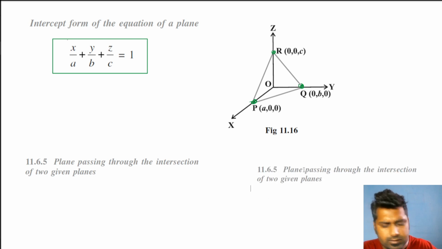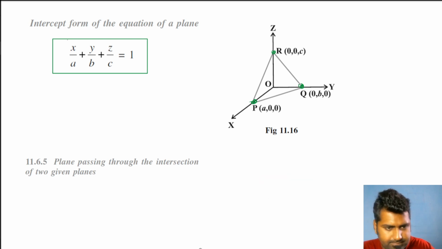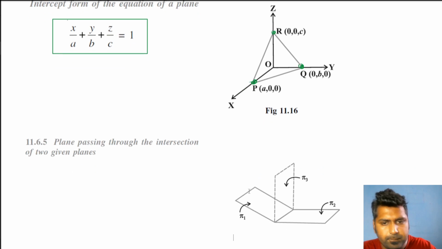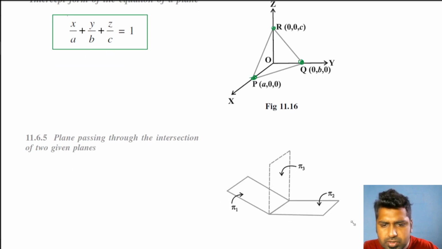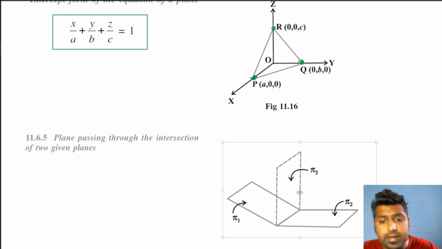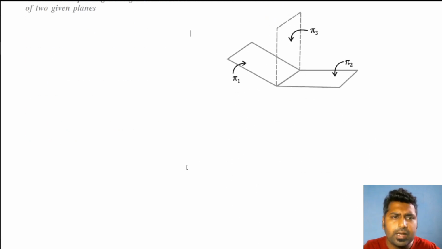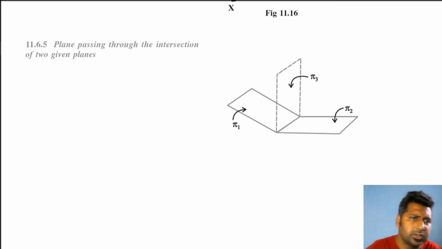It will be something like this. Two planes are intersecting, and we have to write the equation of a third plane which is passing through their intersection. I'll write it in my way, and we'll do it in vector form only, though we can do it in Cartesian also. Both forms are simple. I'll give you the idea.